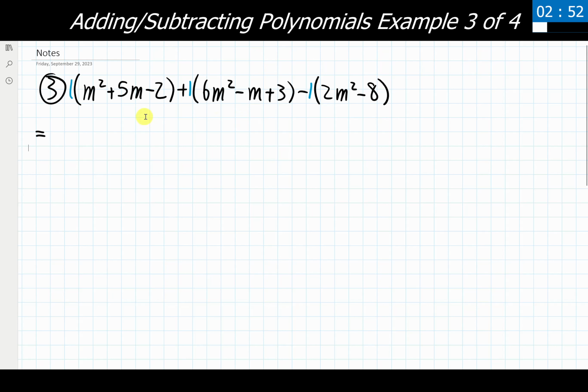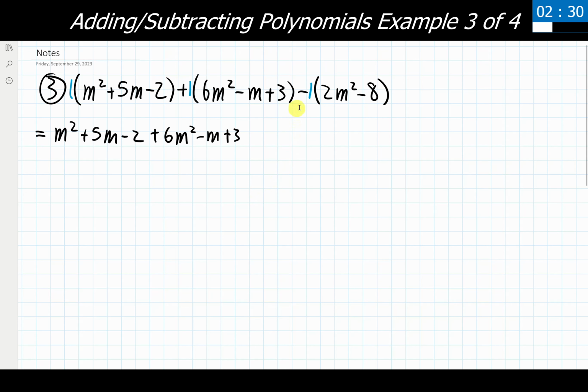So with our first set, if I distribute 1 through, nothing changes, so I can just bring down that polynomial exactly as it is. Looking at the second one, it's also having a positive 1 distribute through, so nothing's going to change in that one as well. I'm just bringing it down exactly as it is.